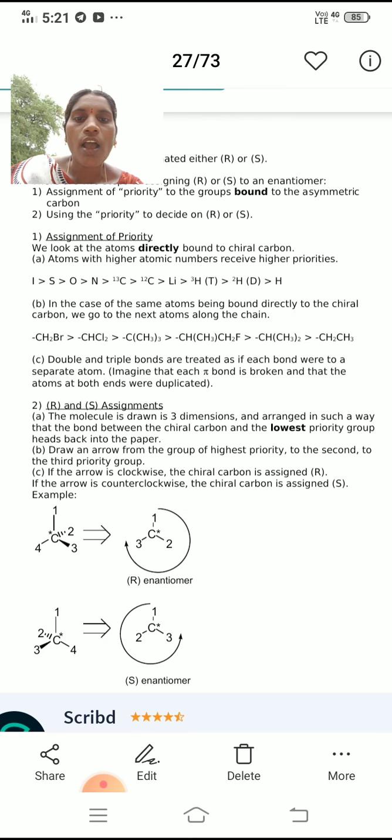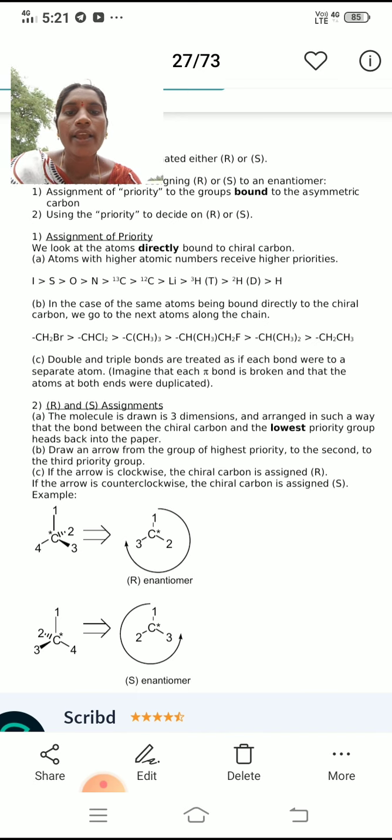If the arrow rotates in the clockwise direction, then the chiral carbon is assigned as R. If the arrow rotates anti-clockwise, the chiral carbon is assigned as S.